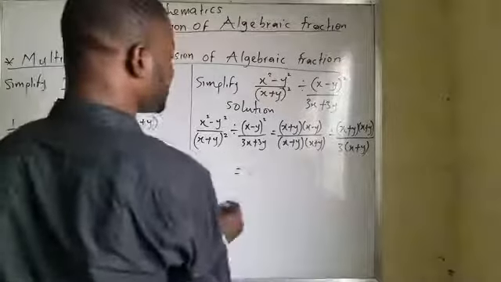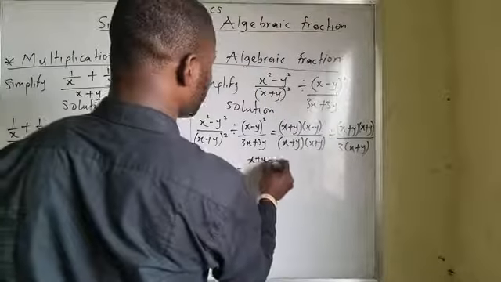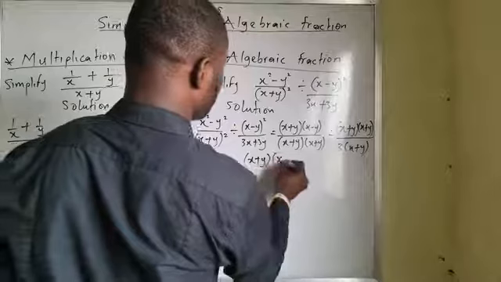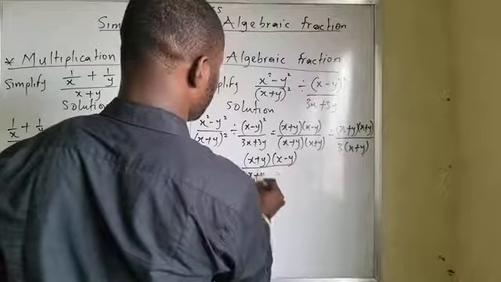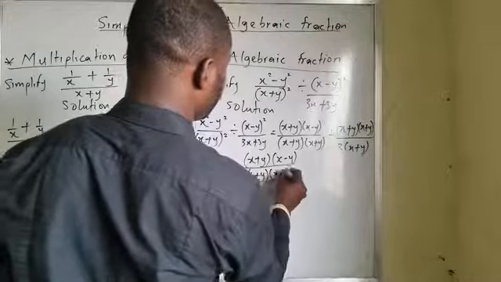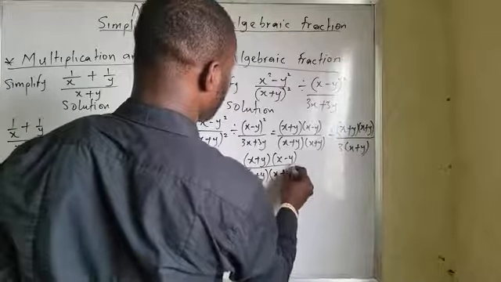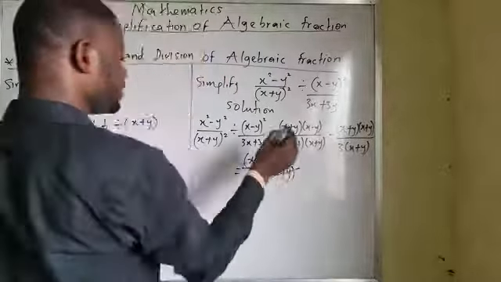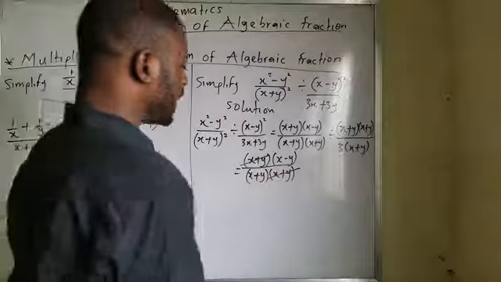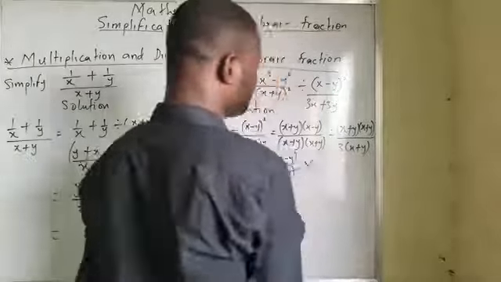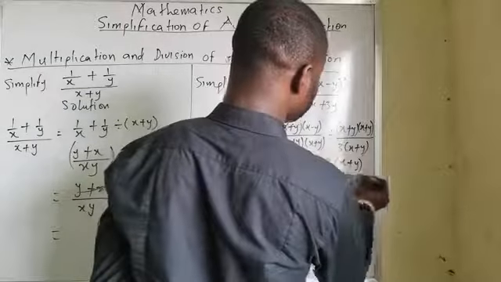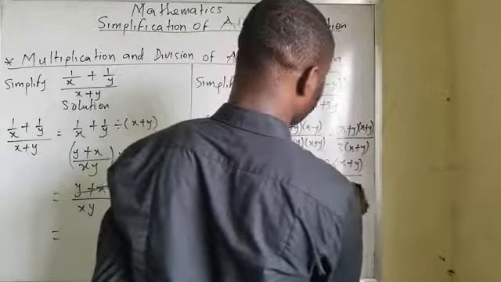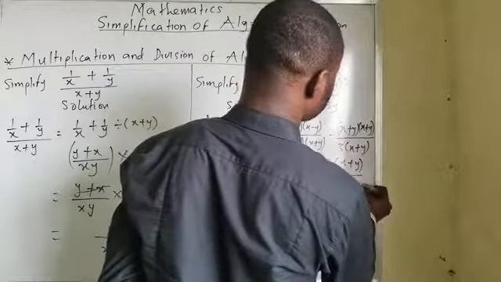I can now write this as x plus y divided by x plus. You can see that this will cancel this without no problem. Since I know that this one will now be multiplied by 3 bracket of x plus y divided by x plus y, x plus y.